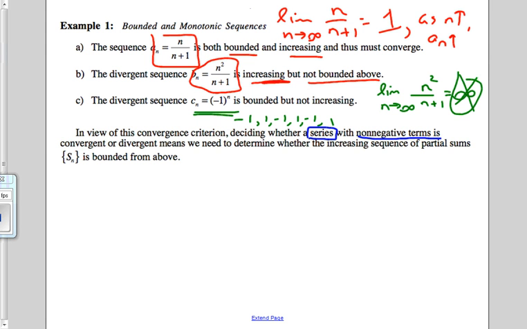We need to see not whether the nth term is bounded, but whether the partial sums S sub n are bounded from above. In other words, the sum of all those n terms must reach some limit. And if it does, then we will be converging to a set value.